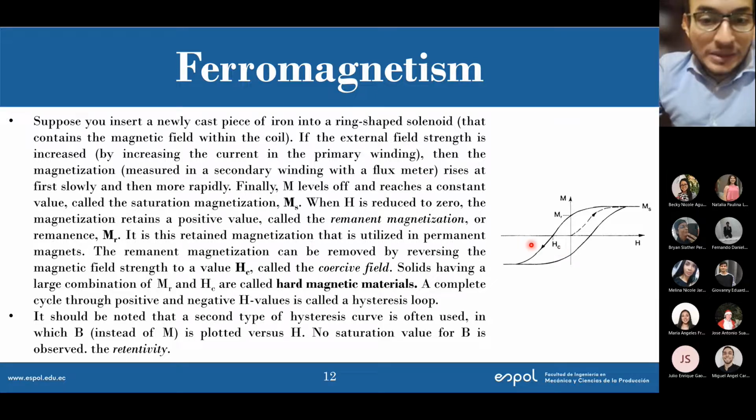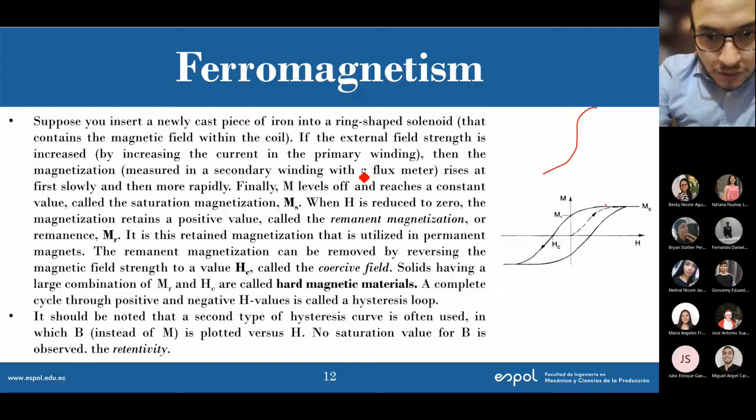That's why they're called permanent magnets, because they have a huge area within this curve. Whereas soft magnets, if you remember, have a hysteresis loop like this, a very tall and narrow one, something like that, right?